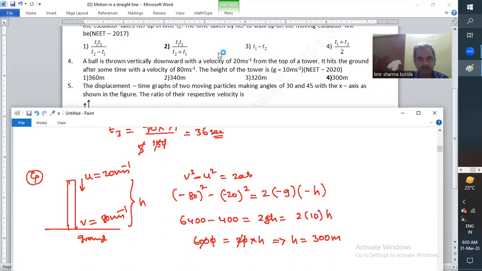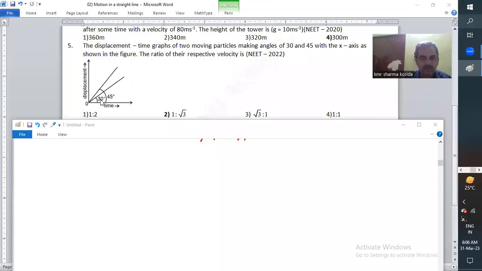Moving to the next question. This question is based on slope of the displacement and time graph. The displacement time graph of two moving particles making angles 30 degrees and 45 degrees with x-axis as shown in the figure.